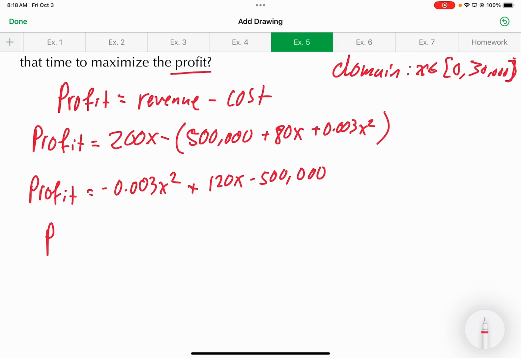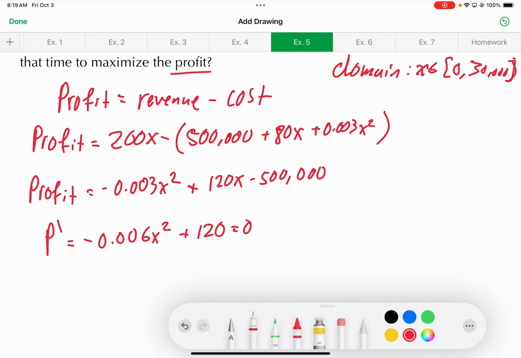I'm going to put capital P prime, indicating the derivative of our profit, and then we take the derivative. Not x squared, x.